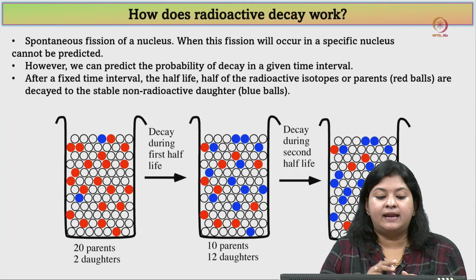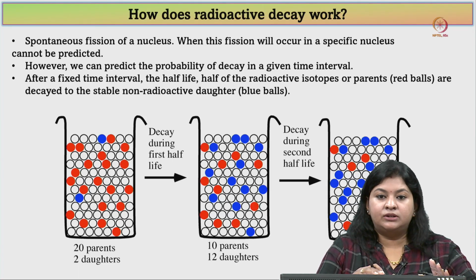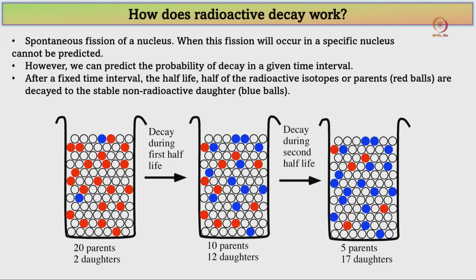So, what are we calculating? Just imagine this experiment. Here we have 20 parents and 2 daughters. Then we keep it for some time, let the radioactive decay start happening. After a certain time we measure again, and exactly half the number of parents are there now.